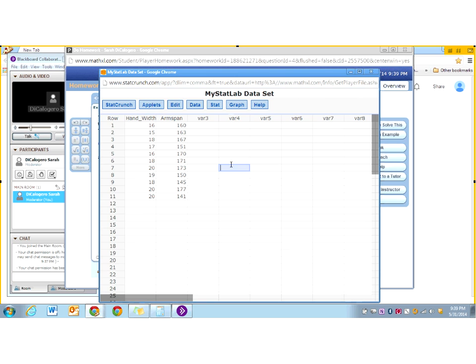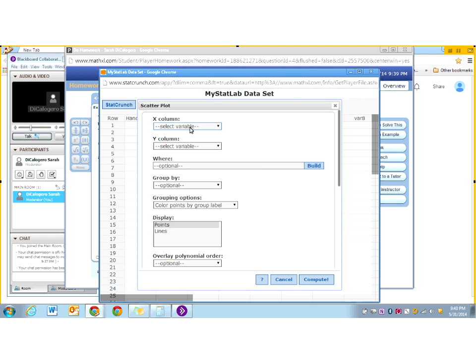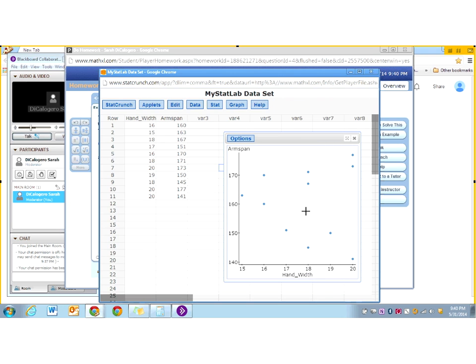So what I want to see is a scatter plot. I'm going to hit graph, scatter plot. X is hand width, Y is arm span, and that's all I need to come up with a scatter plot. This scatter plot looks sort of all over the place.